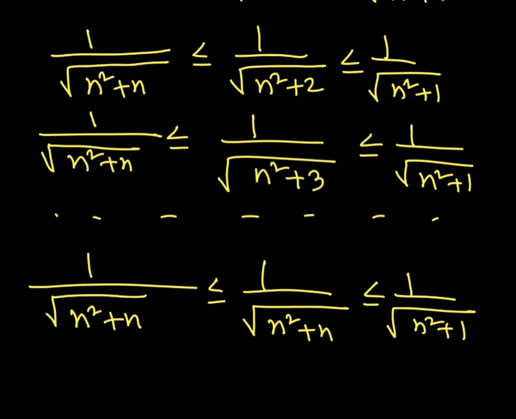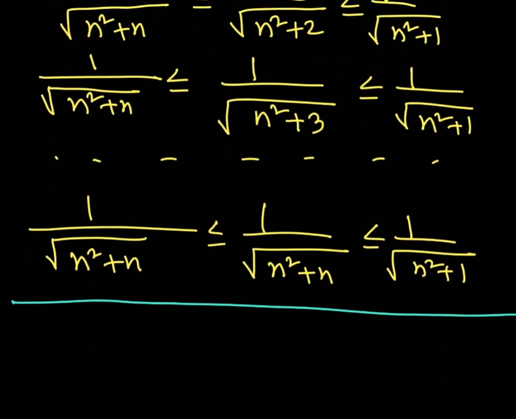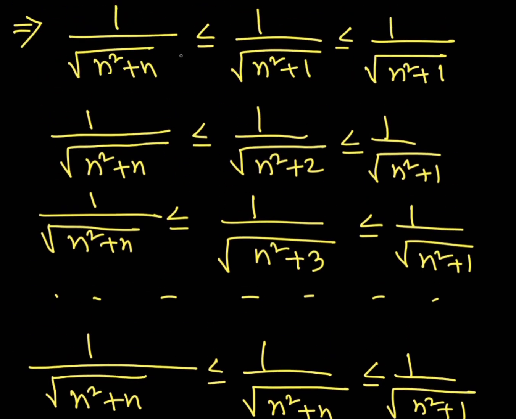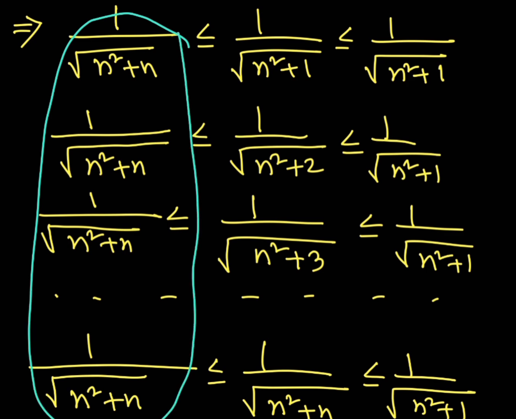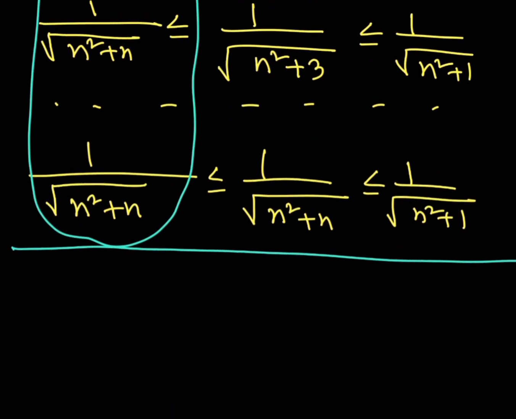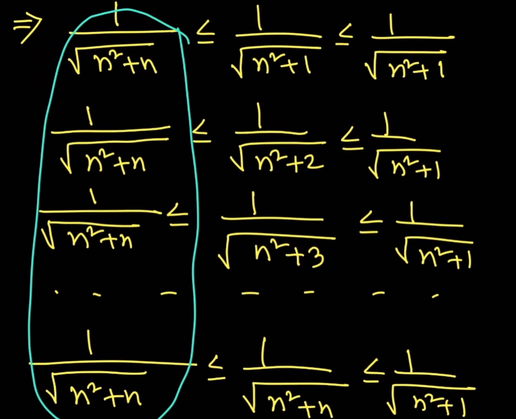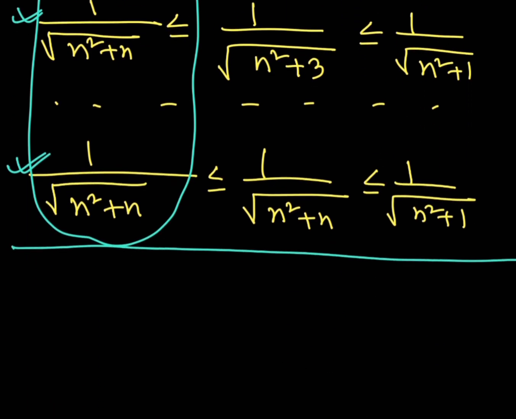So now if we add all these equations, the left hand side is fixed, all are 1 upon square root of n square plus n, so that is n upon square root of n square plus n.